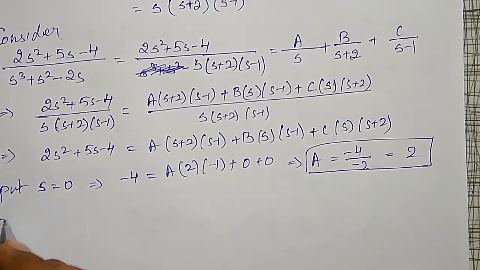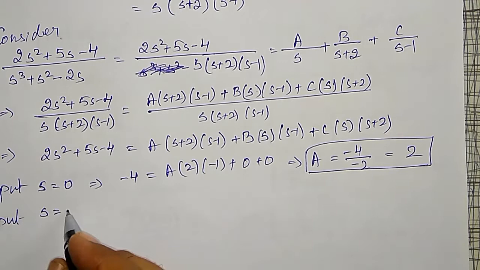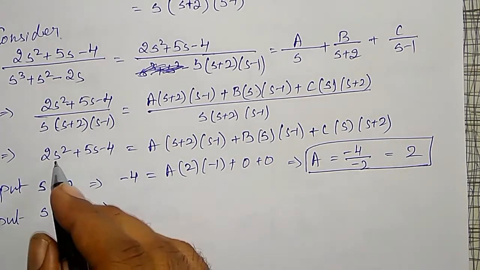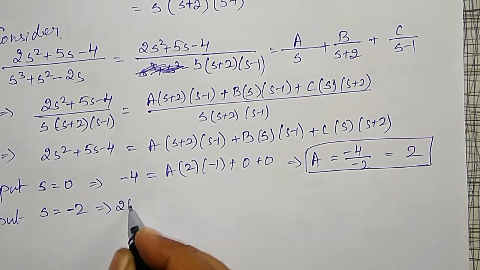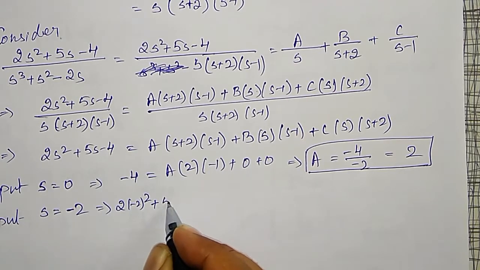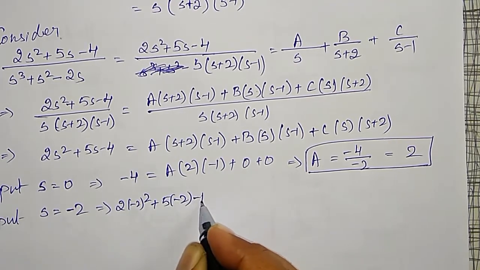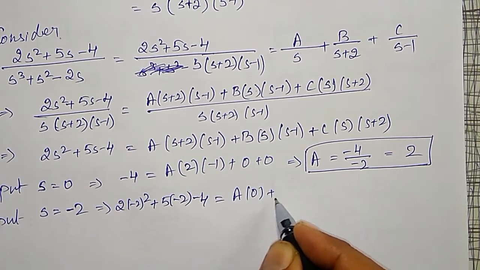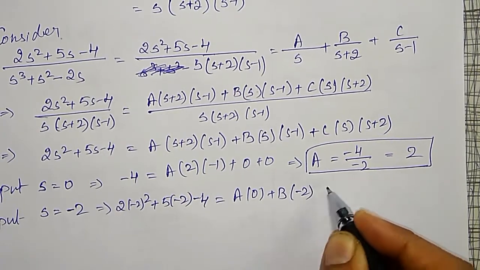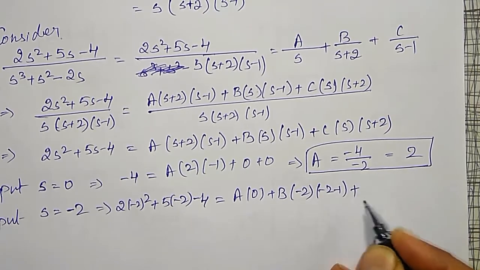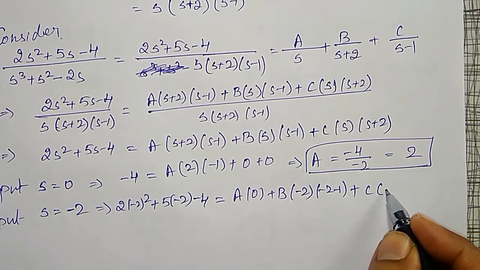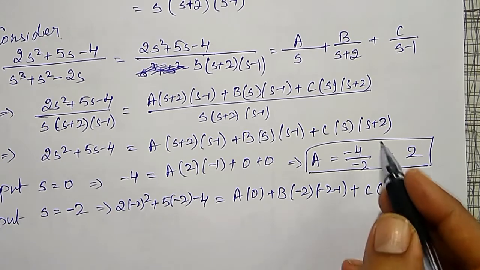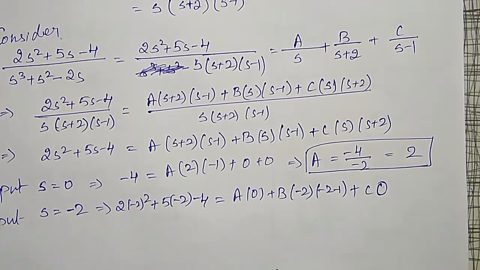Next, let me put s is equal to minus 2, which implies 2 into minus 2 square plus 5 into minus 2 minus 4 equal to A into this term is 0 plus B into minus 2 into minus 2 minus 1 plus C into, again this term is totally 0.